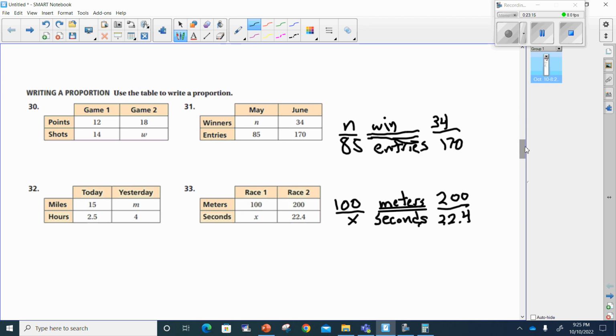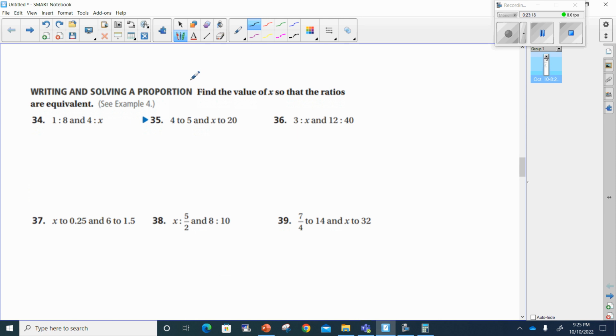All right, let's go ahead and do number 35 next. It says find the value of x so that the ratios are equivalent. Okay, if they're equivalent, and this is 4 to 5, so that's going to give me 4 to 5, and x to 20. So that's going to give me 4 times 20 has to equal 5x. Well, 4 times 20, that's easy, that's 80.